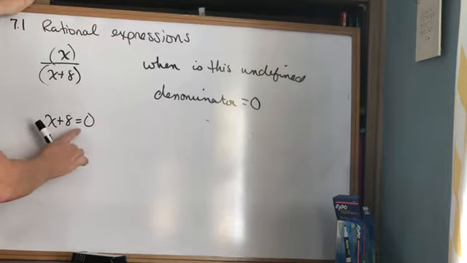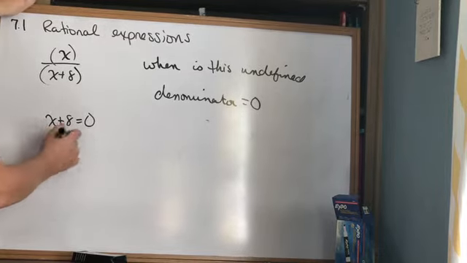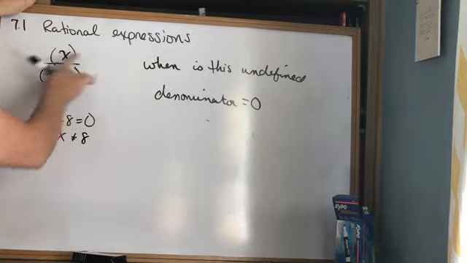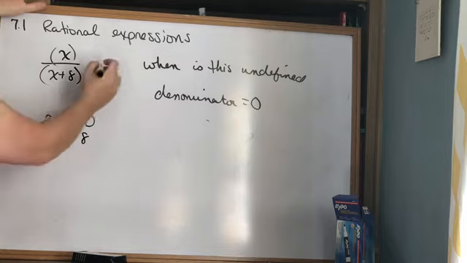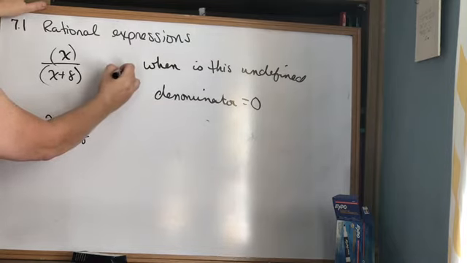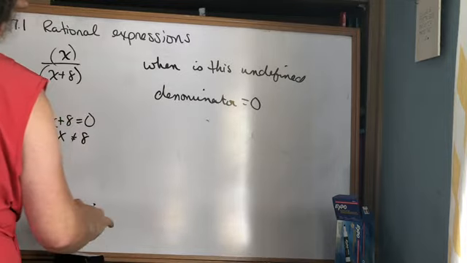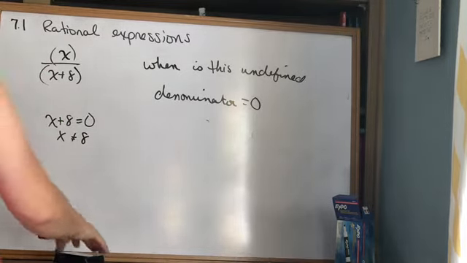So I do not want this x plus 8 to equal 0, so that means I do not want x to equal negative 8. So when is this going to be undefined? When x equals negative 8. So our solution here, we do not want x equal to negative 8, not 0. Okay? All right, so let's do another problem.